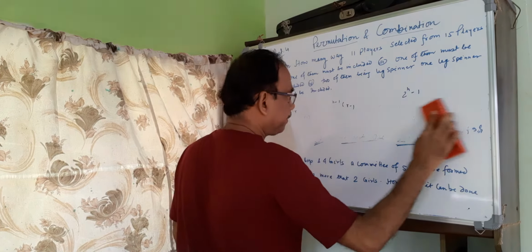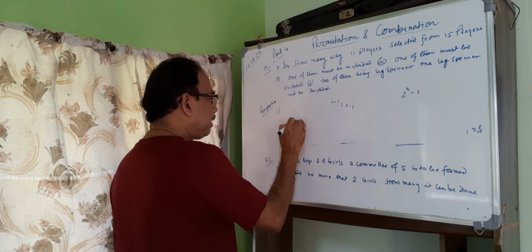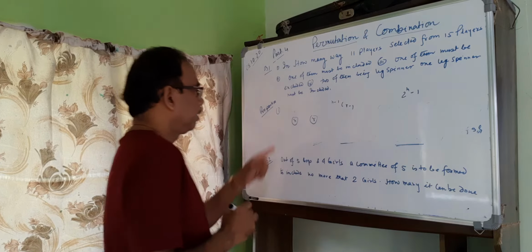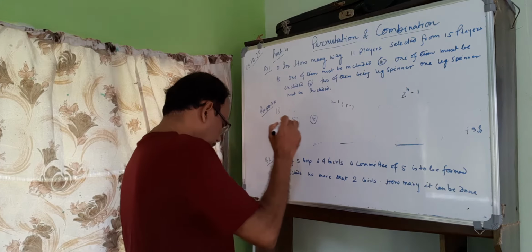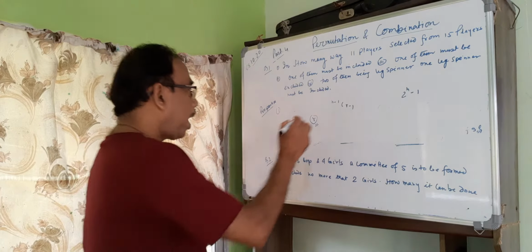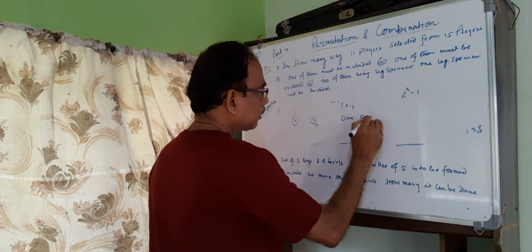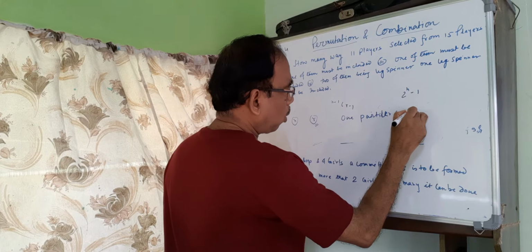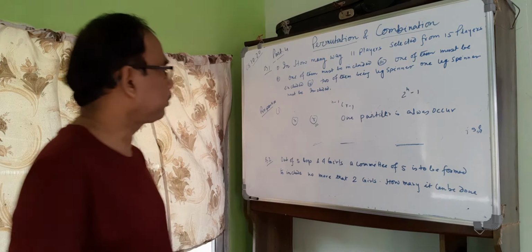Property number 3. The number of combinations from n different things taken r at a time, in such a way that one particular thing is always included. So the number of things is n.